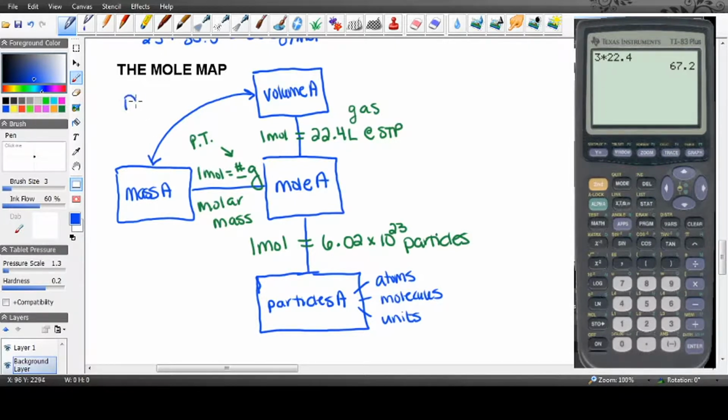Density is equal to mass over volume. So if I have volume of a liquid and I need to get to moles, I can go from volume to mass using density, and then mass to moles using molar mass.